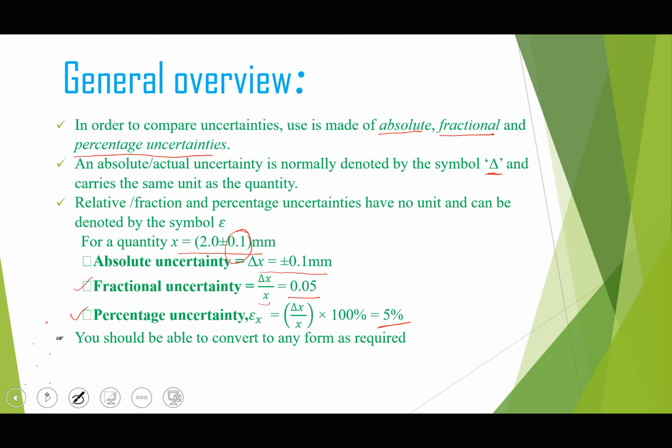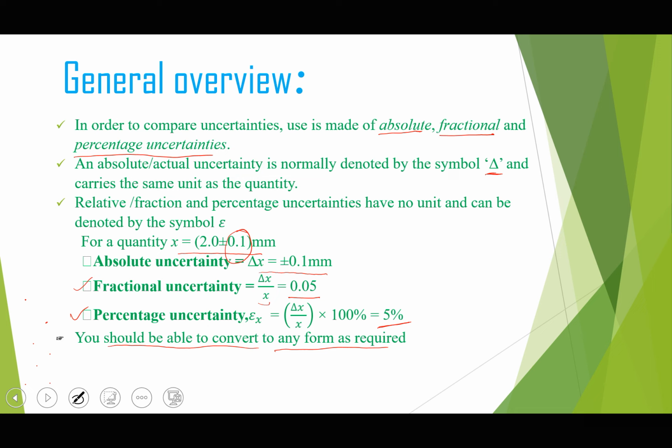One important thing is that you should be able to convert to any form as required. This is very important because many times questions will ask you either to write the answers as absolute or to write the answers as percentage uncertainties. There may not be any question which may require you to write the answer as a fractional uncertainty. Therefore, being able to express percentage to absolute or absolute to fractional is very important.